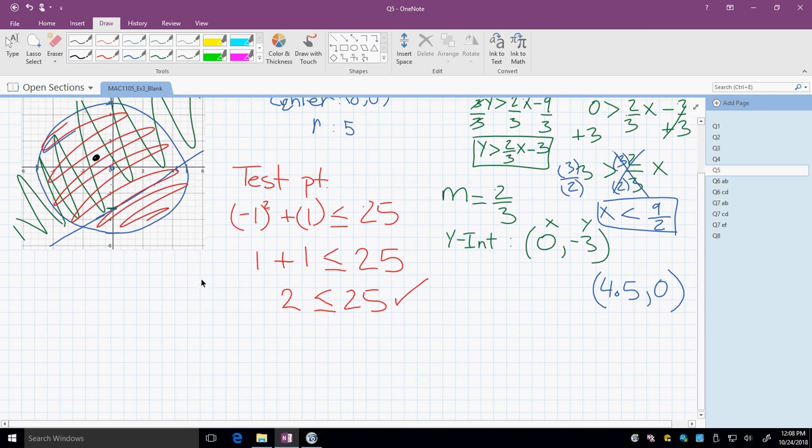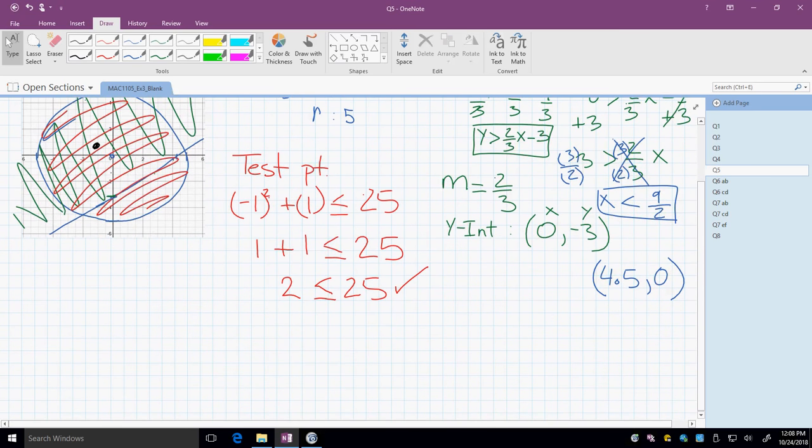I can check with another point. I'm going to use the same points in the linear inequality.